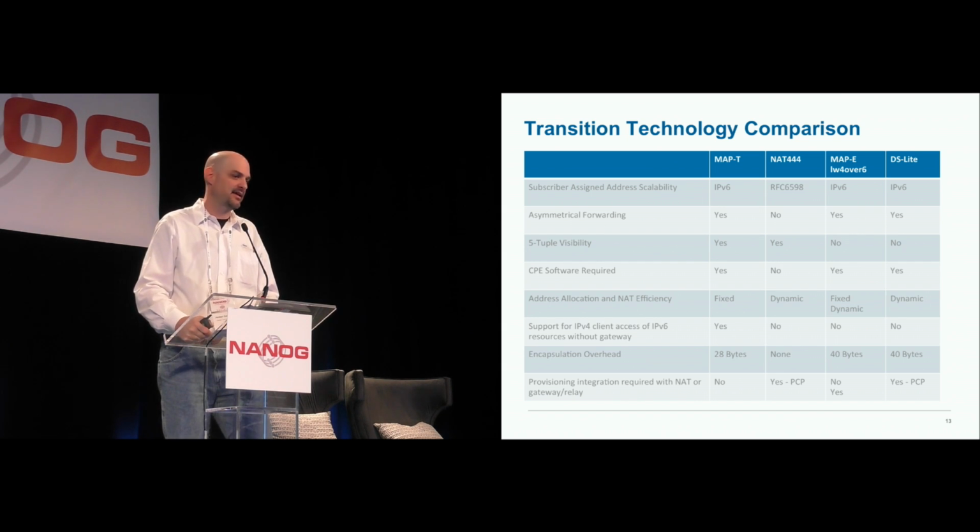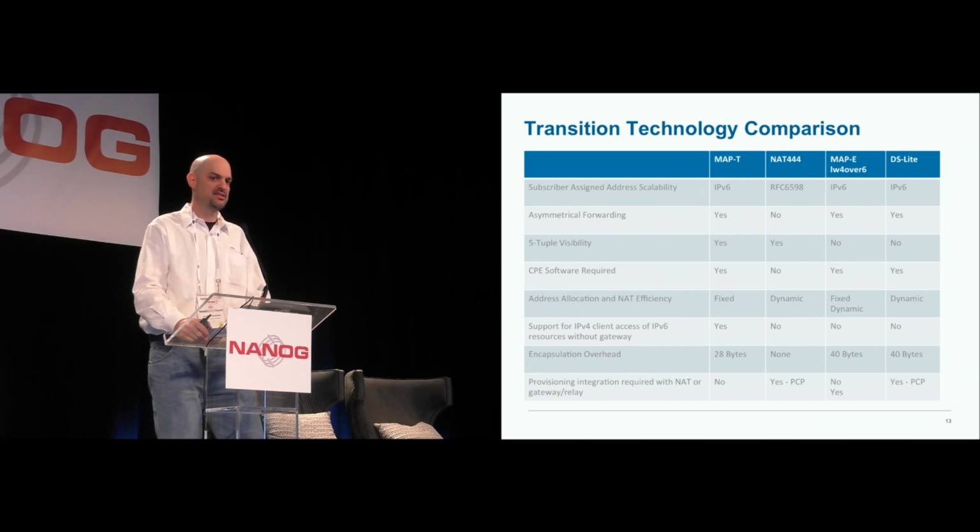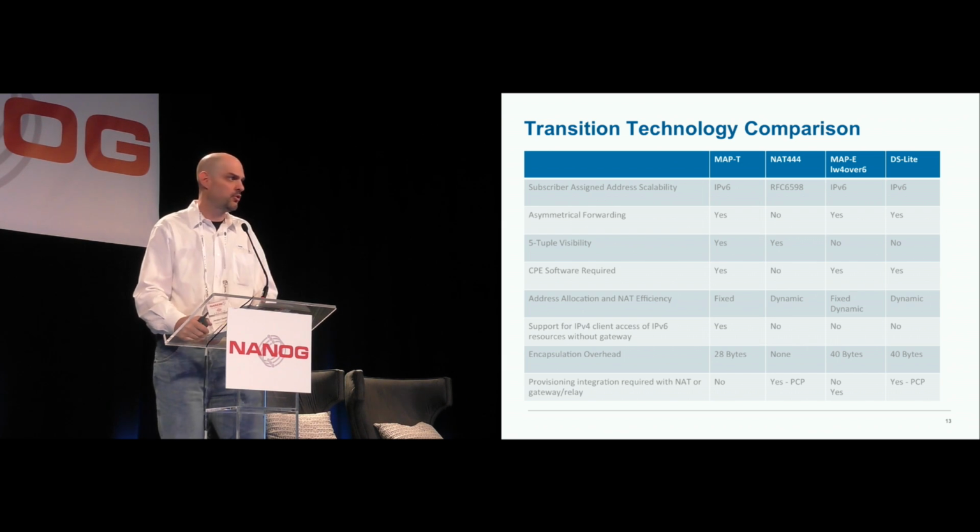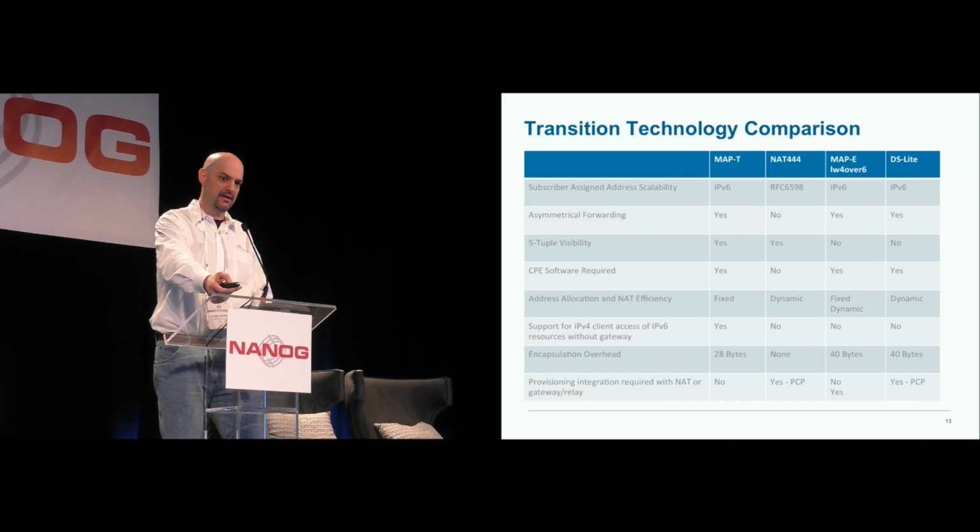NAT444 and DS-Lite can need it between the large-scale NAT function and the subscriber gateway if you want to do PCP. In the case of lightweight 4over6, you need signaling between the border relay and your provisioning system. That's how you get your flexibility with the NAT efficiency.